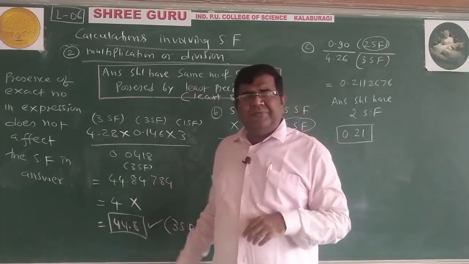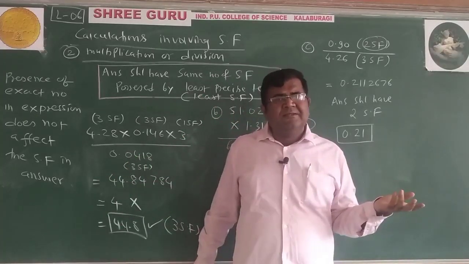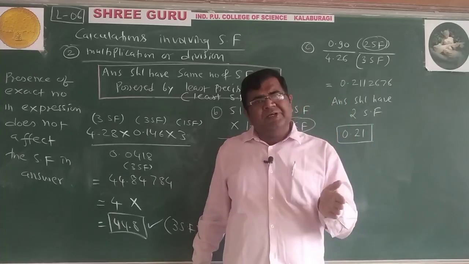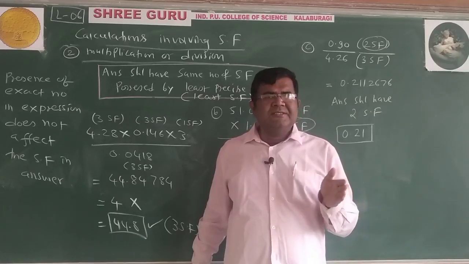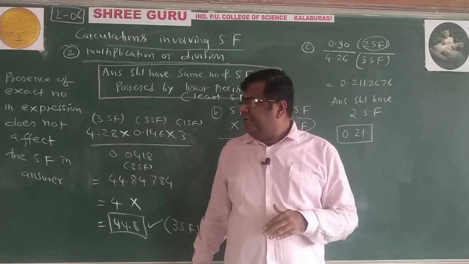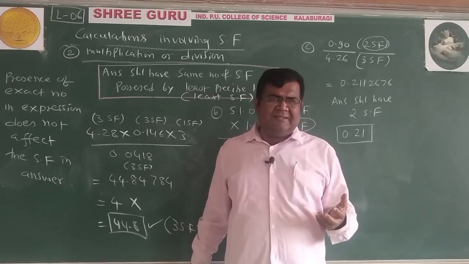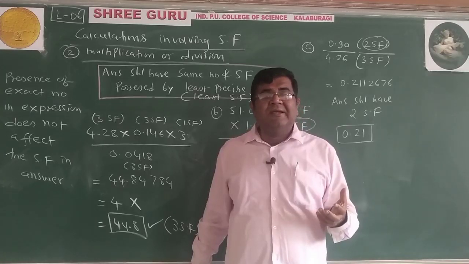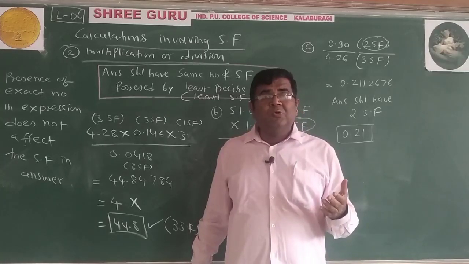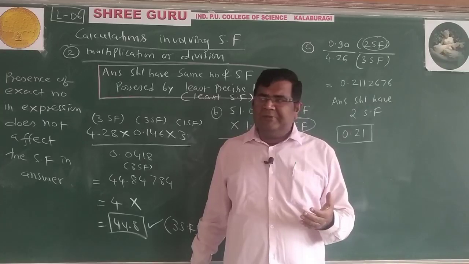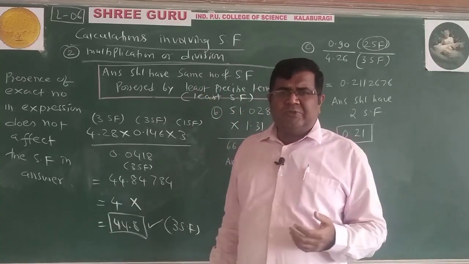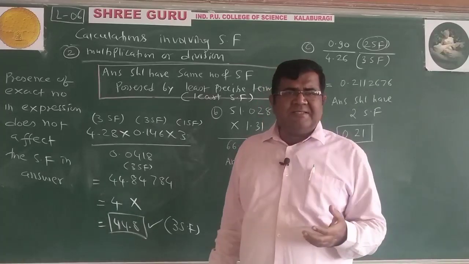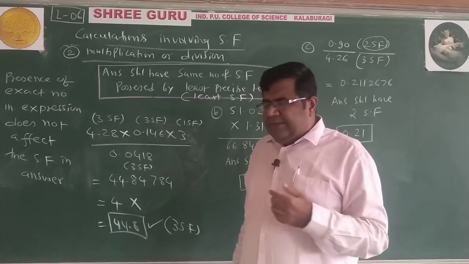Multiplication and division: count the significant figures, select the least number of significant figures, and the answer also should be reported to the least significant figures. So it just needs practice and understanding the rules again and again, and how to round off the particular digit. I hope that you understood these 6 examples and 2 operations.